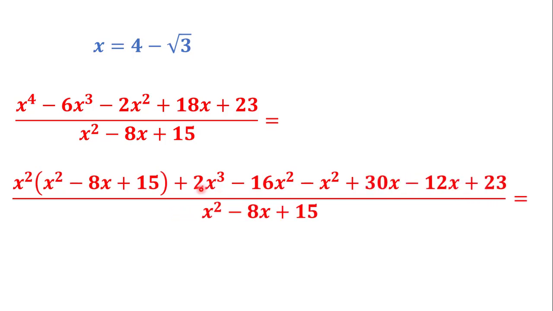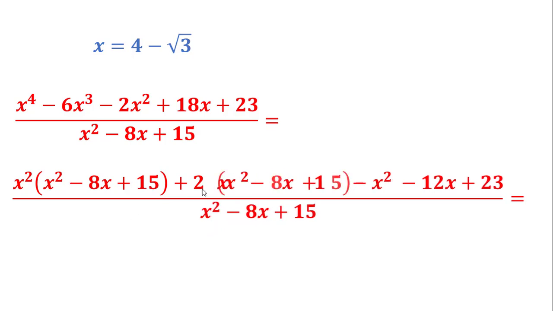If we factor out 2 times x from this term and this term, we're going to get 2 times x squared minus 18 times x plus 15. If we divide x squared times x squared minus 8 times x plus 15 over x squared minus 8 times x plus 15, we're going to get x squared.